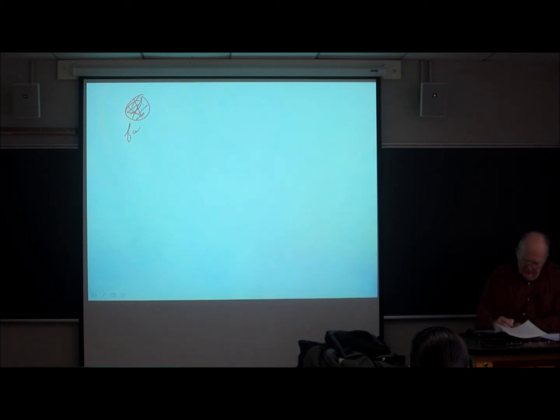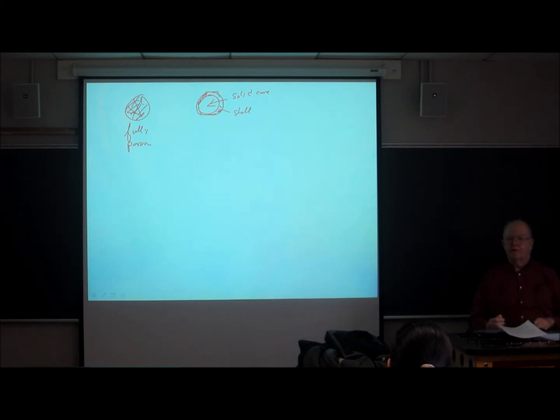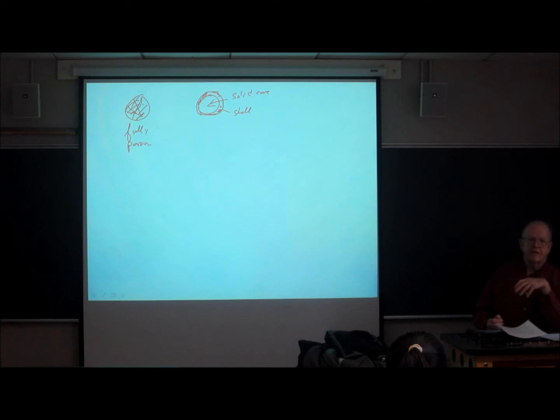There's the fully porous, and then there's the superficially porous, where this is a solid core, and then on the outside of it there's a thin shell. The chromatography takes place in the thin shell.